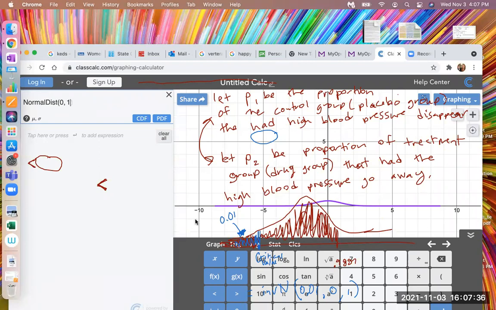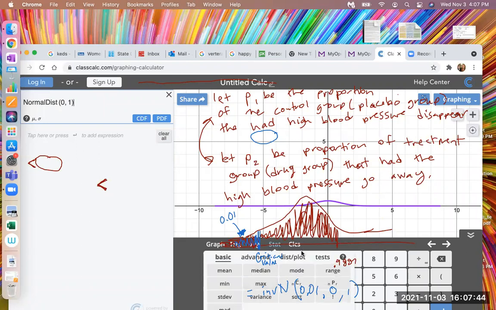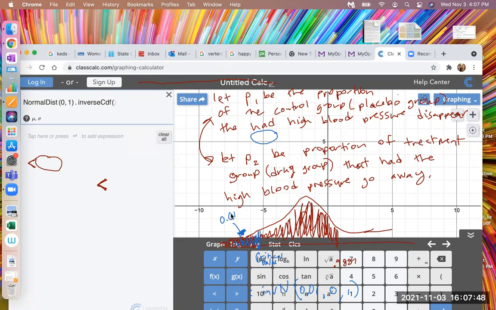So then what I do is close off that parenthesis, and go to stats and inverse CDF. And into that, I'm going to put the area under the curve to the left, so 0.01. That's the alpha, the level of significance. And then I believe that's all I have to put.